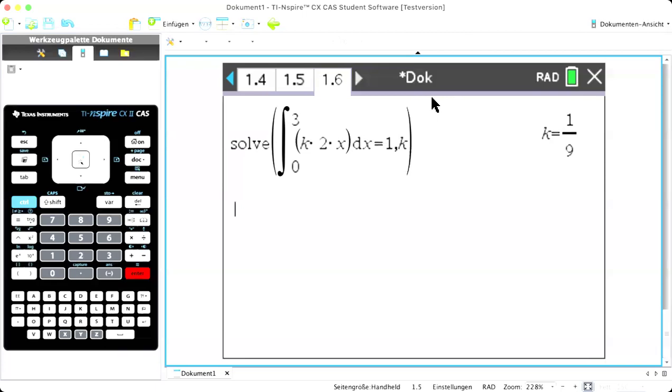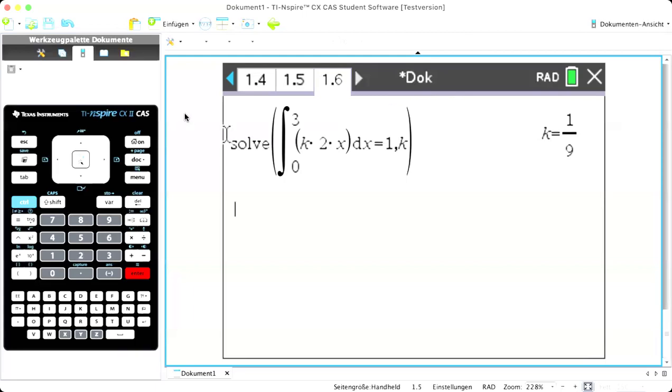So practice them first. And once you know them, use the calculator to check if your result is okay. So you probably won't need the calculator to solve for test statistics, but it's good in case you want to check.